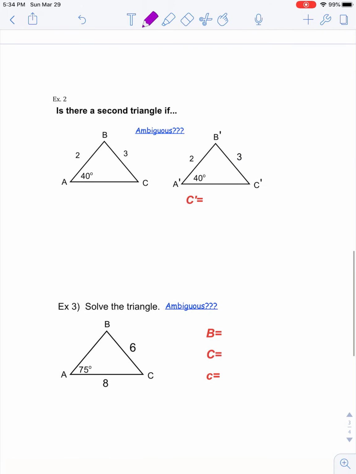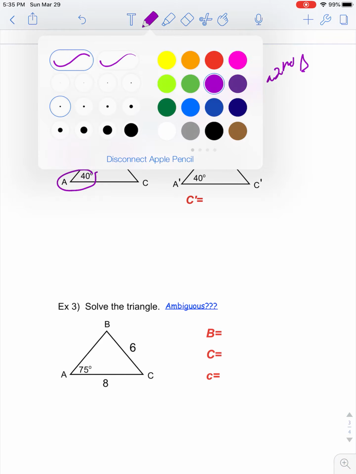Okay, second example here. Another situation, is this ambiguous? Again, since we do have two sides and a non-included angle, yes it is, and therefore we have to ask, is there a second triangle? Start by solving for one of the angles in the first triangle.